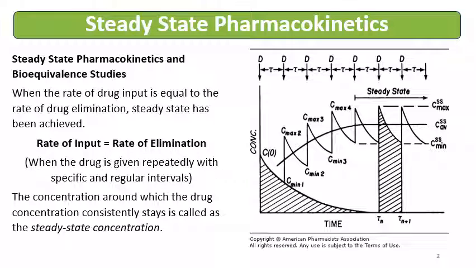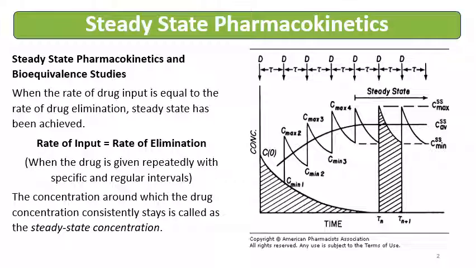When the rate of drug input is equal to the rate of drug elimination, then it can be said that the steady state is achieved. Whatever the drug elimination is, the drug input is there. That means the rate of input and the rate of elimination are similar.